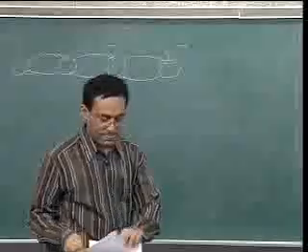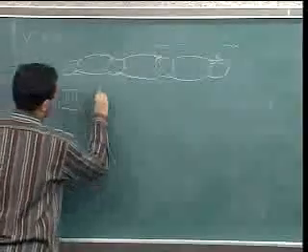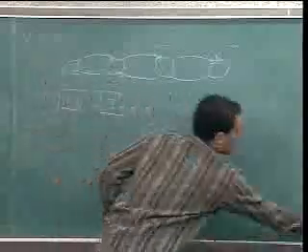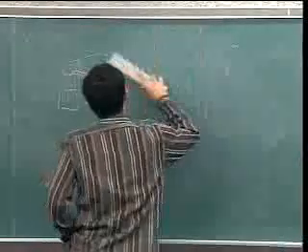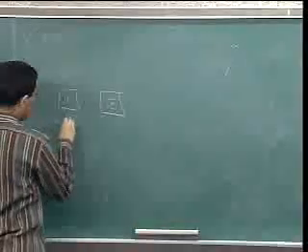Okay, so let's think of our states. So we have two machines, machine 1 and machine 2, and each of them can either be working or not working.